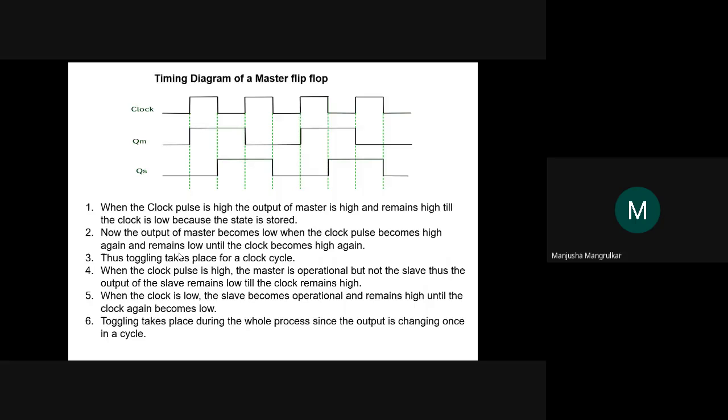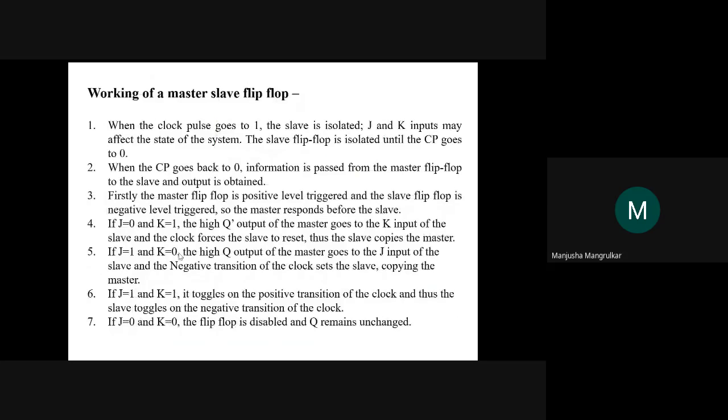Today we have seen the concept of clock pulses. We understood the small concepts of the clock: rising edge, falling edge, positive level trigger, negative level trigger, because this terminology we should understand. It is very important to understand this terminology.